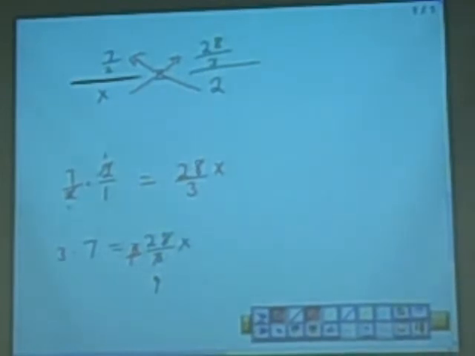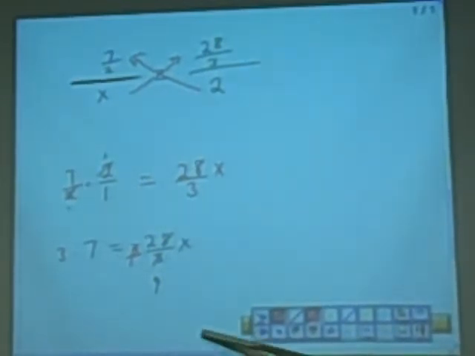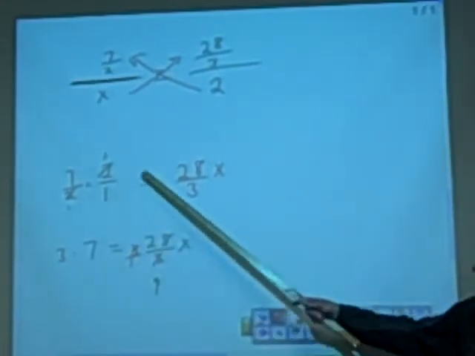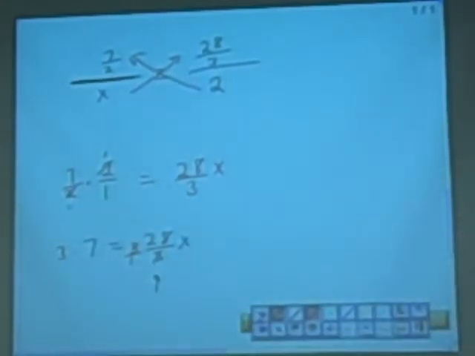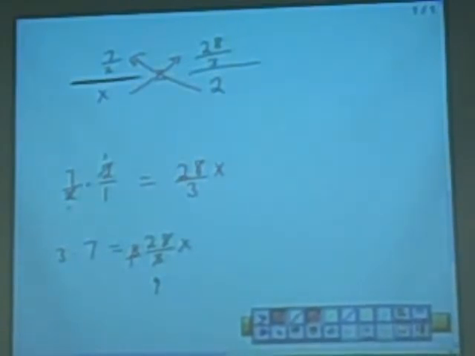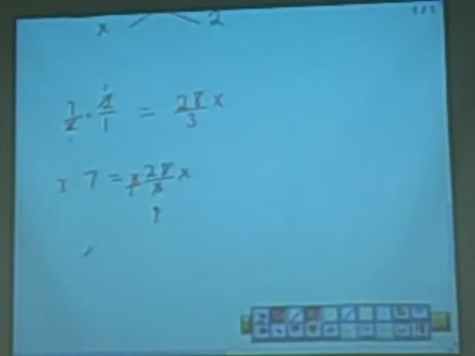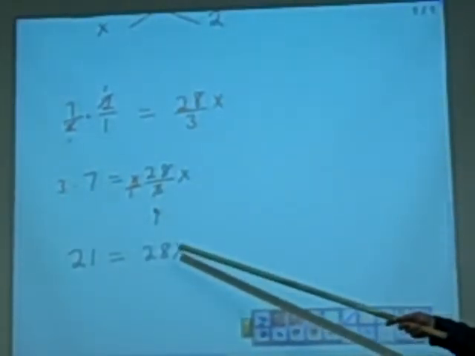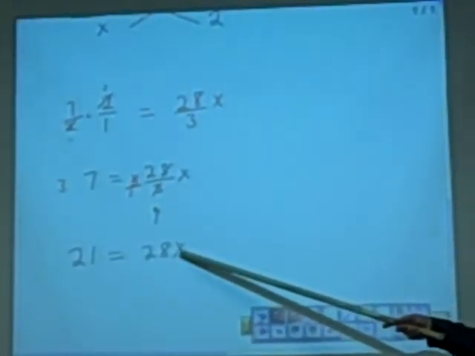On the right side it's 3 over 1 times 28 over 3, so the 3's cancel, just like the 2's canceled here. Same process. Now we multiply 3 times 7, and that's going to be what? 21 is equal to 28x. Now we're trying to solve for x. We're trying to isolate that x.